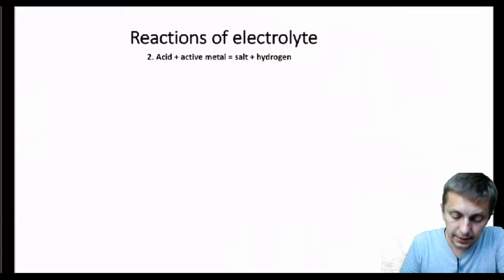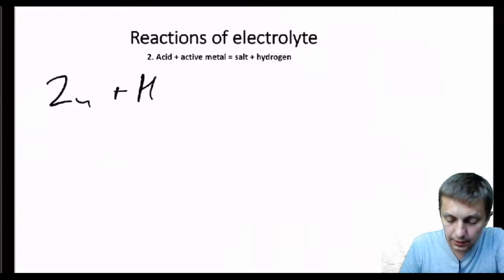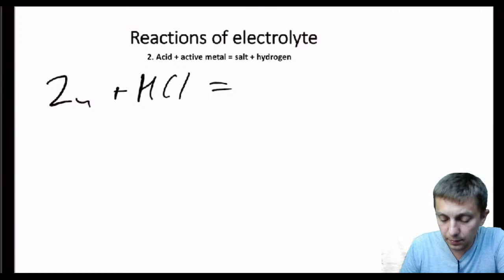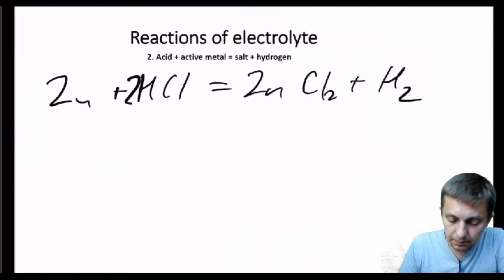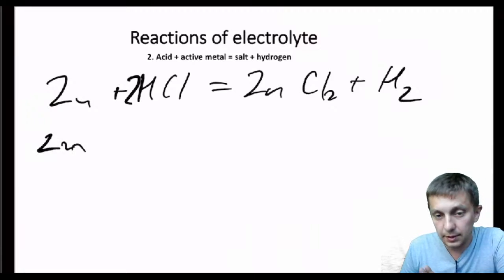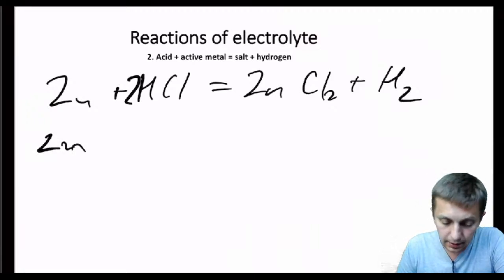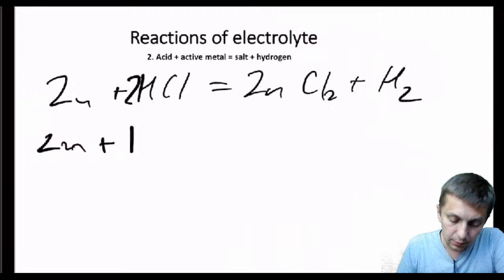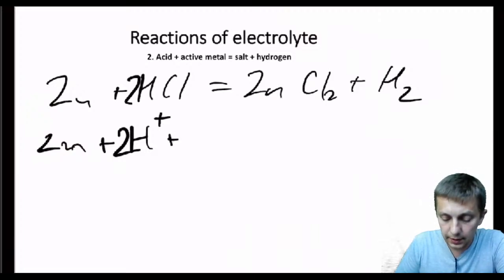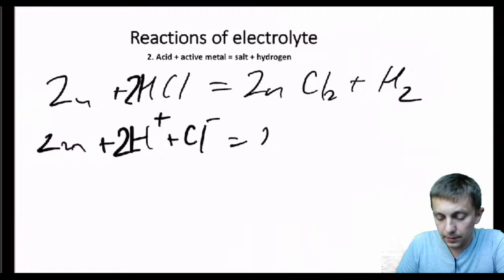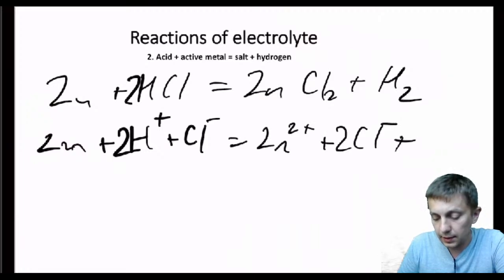Another case, zinc with HCl. It forms salt plus hydrogen. Zinc is not an acid, not a base, not a salt, plus 2H plus, because HCl is a strong acid, it completely dissociates, and forms zinc 2 plus plus 2 Cl minus and hydrogen.